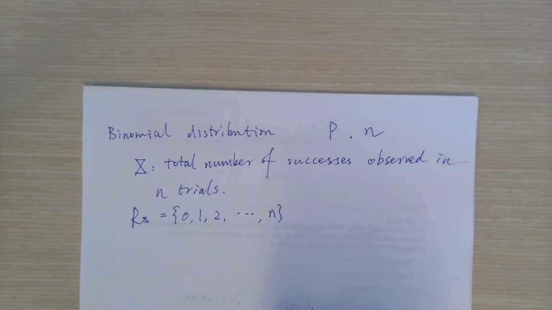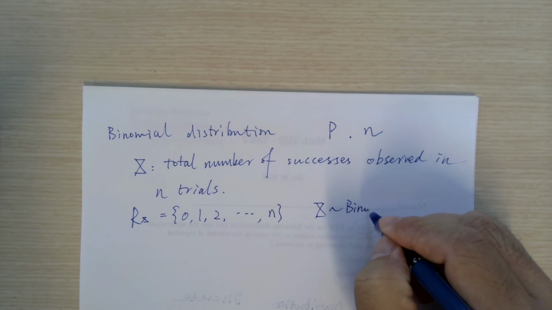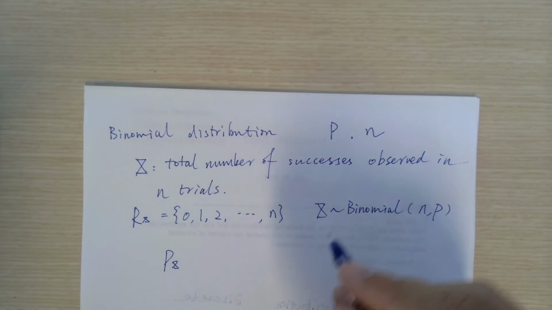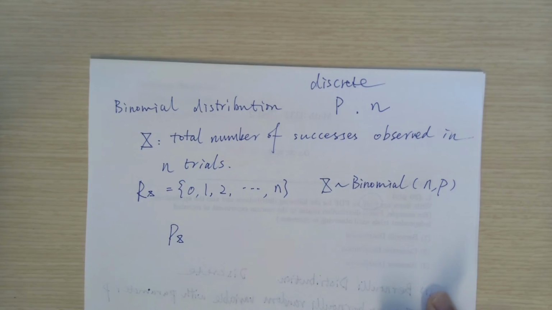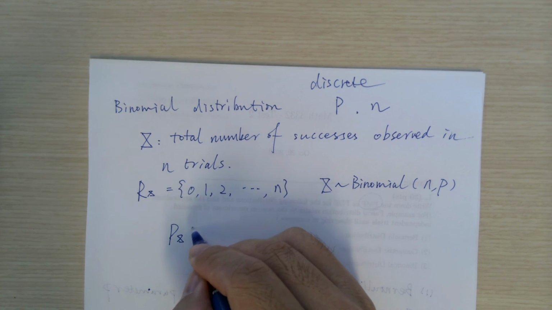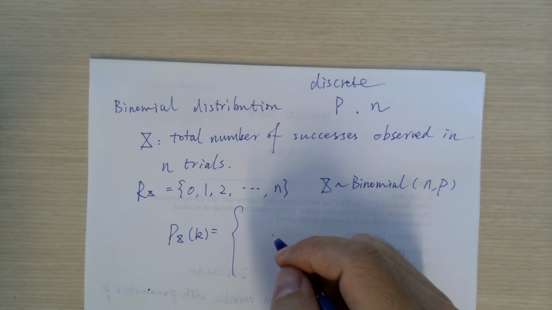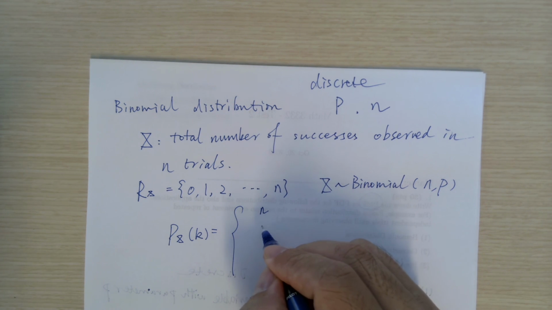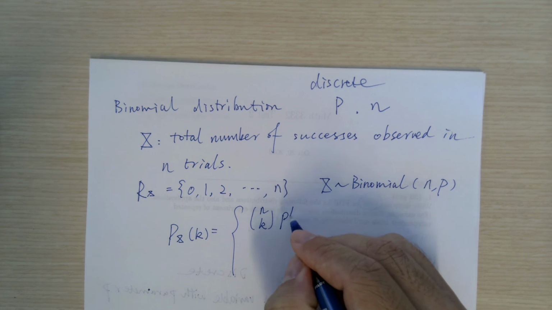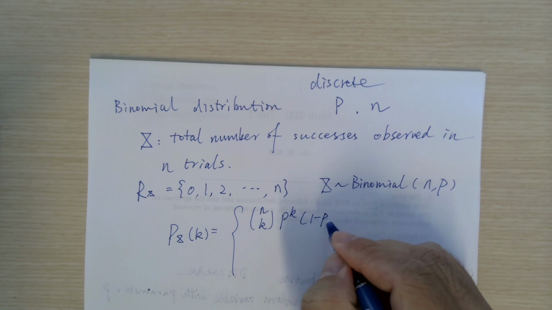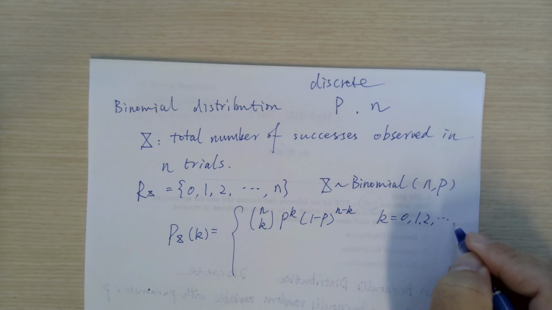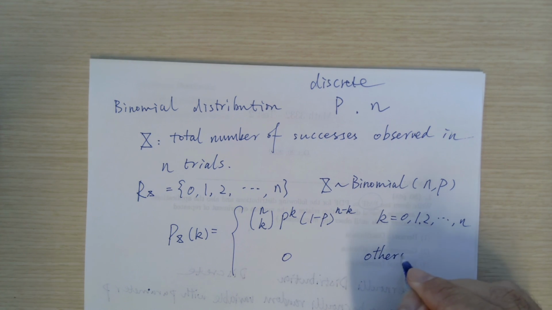So this is the random experiment behind the binomial distribution, and we write it as Binomial(n, p). Again, this is still a discrete case, and the PMF is a combination: n choose k, times p to the power of k, times (1 minus p) to the power of n minus k, for k from 0, 1, 2, up to n, and 0 otherwise.